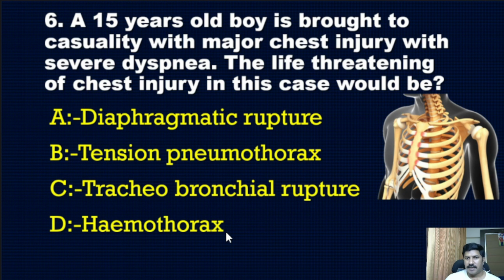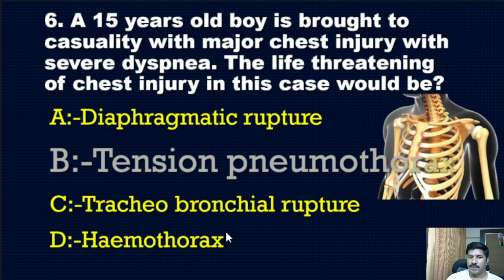So the person will not be able to breathe because it will compress the lungs, and also compress the heart, and it will move the thoracic cavity organs to different sides. Because of that, the person will experience severe dyspnea, that is breathing difficulty, and finally it will lead to death. So here the correct answer is tension pneumothorax.